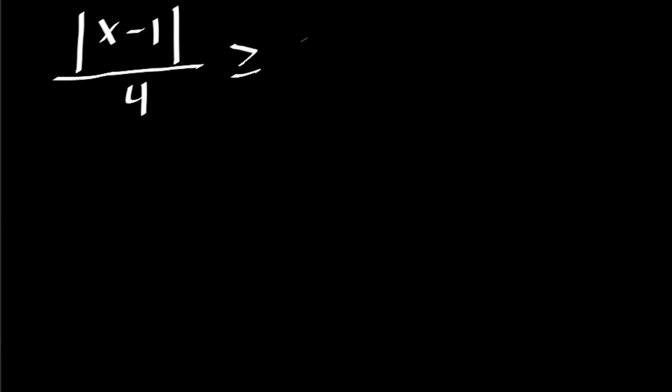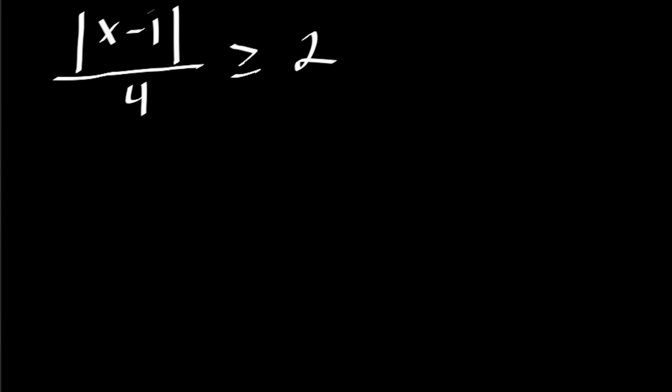So let's do this one. This one looks like it's okay. So we're going to say absolute value x minus 1 all over 4 greater than or equal to 2.